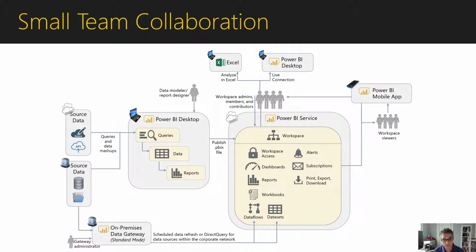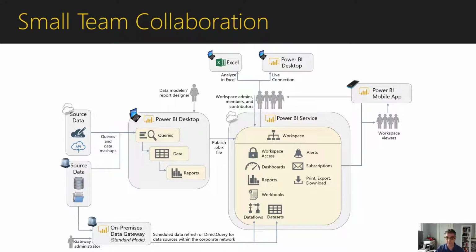Next up is small team collaboration. Think of it like this: I created this report, but I want to share it with a handful of other people. So I create a new workspace in Power BI, maybe by subject, and I publish to that instead of my workspace. Now I allow others to access it. Maybe I'm giving a handful of people write access because they want to create reports or update what you've done.